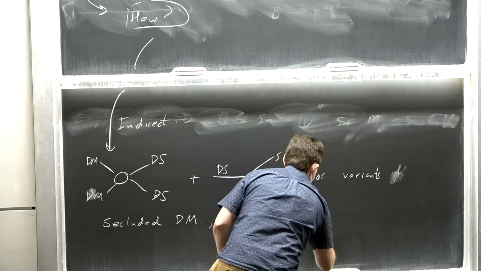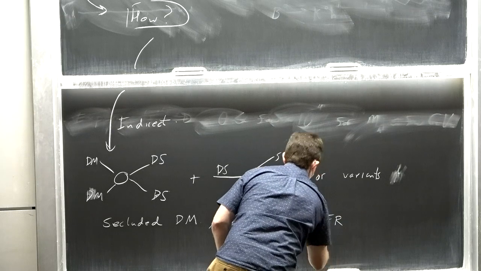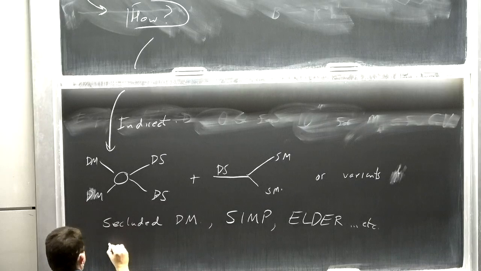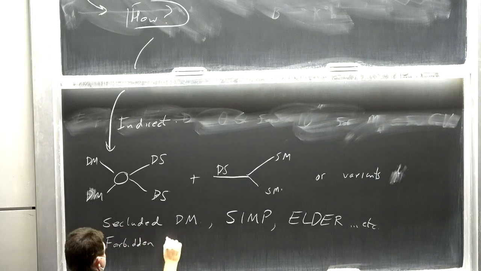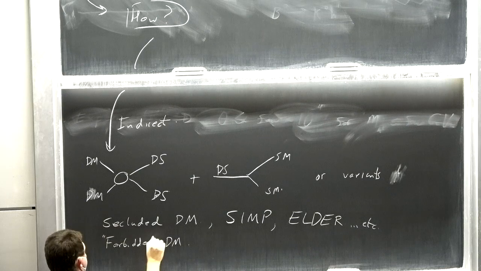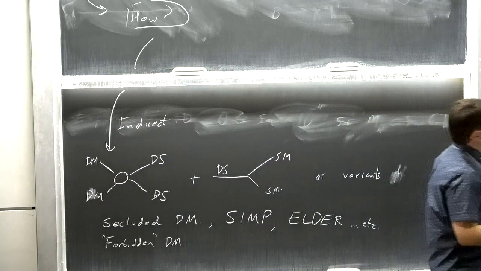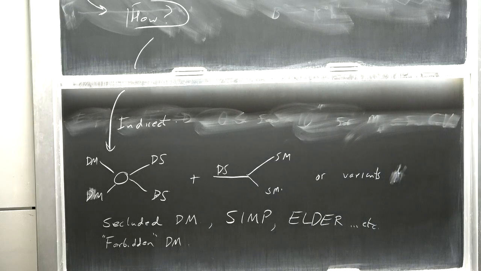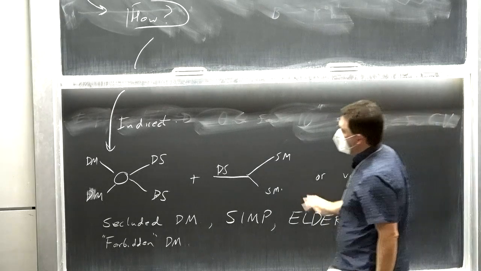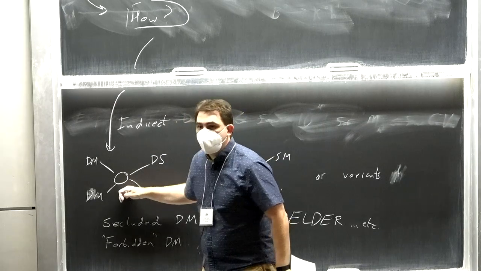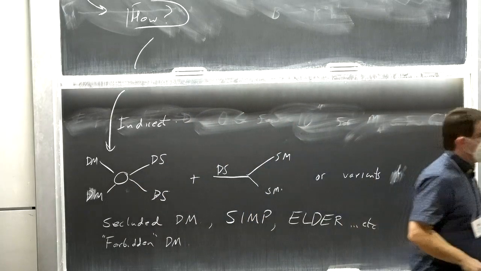I don't know if that was discussed in a previous lecture, etc. Forbidden dark matter is an example of this. Again, this is a name for a DM scenario. Okay? So a broad category of models like that. Now they tend to have this property that the dynamics controlling entropy transfer and freeze out lives in the dark sector, not in the couplings to the standard model.